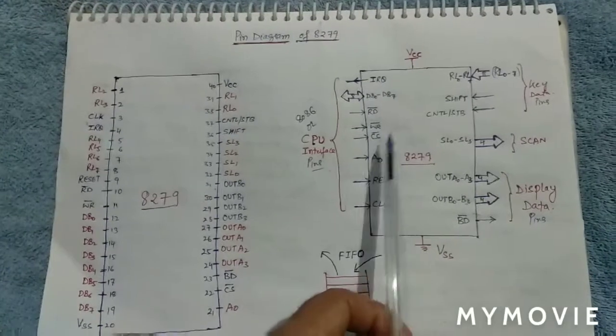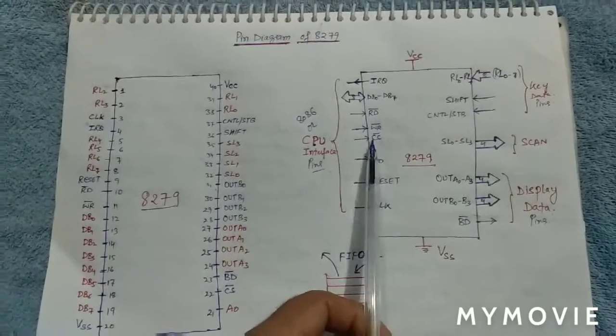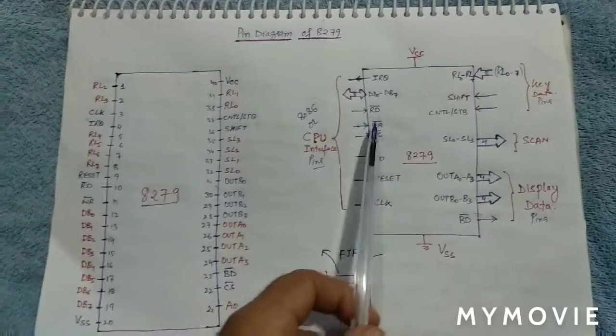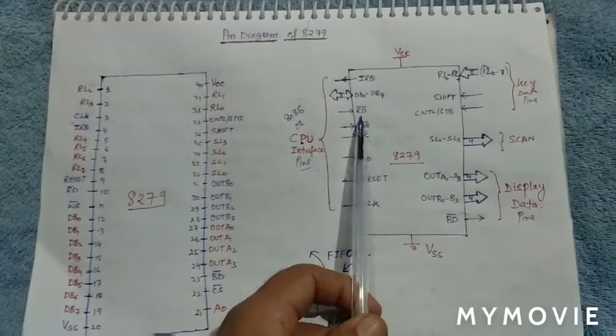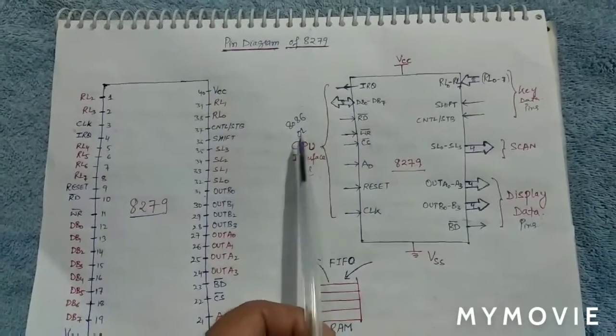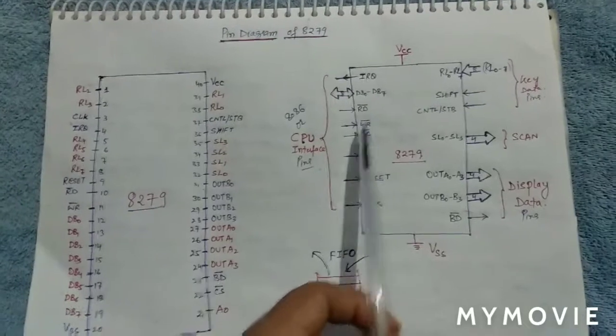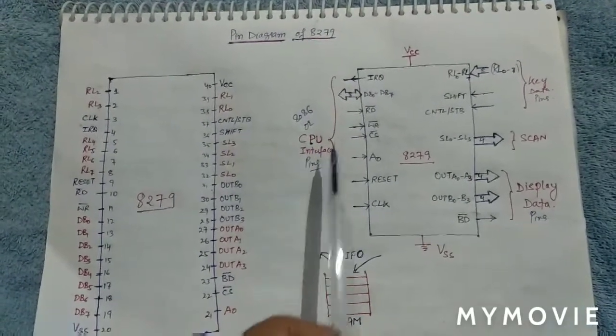The next section of pins includes the read pin, write pin, and CS pin. The read pin is used to read data from the 8086 processor. The write pin is used to write data into the 8086 processor.